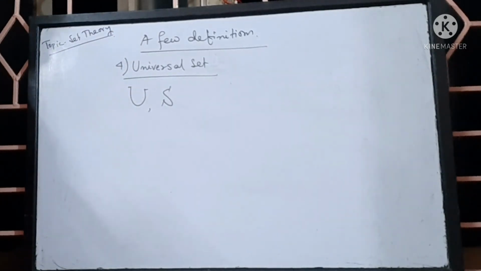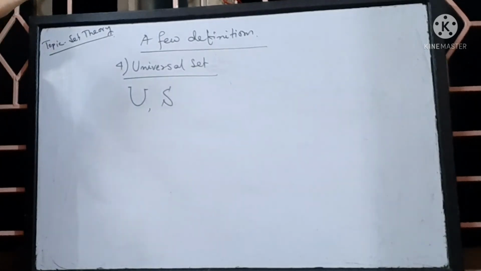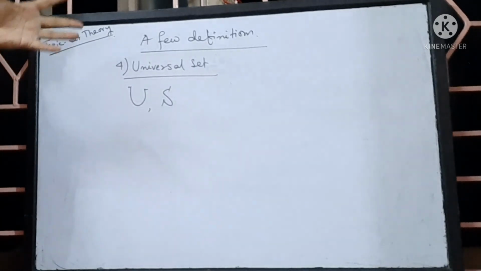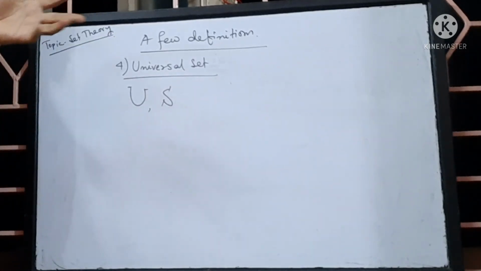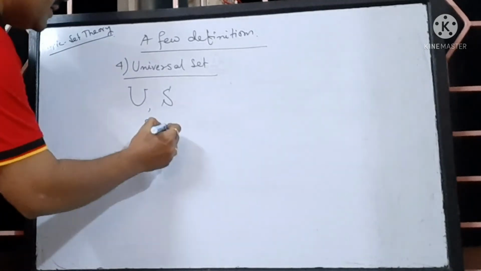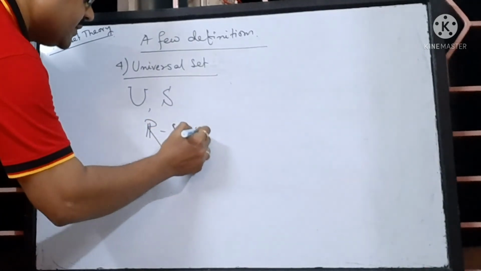If you want a specific example, let us consider the real number system, in which there are integers, rational numbers, negative integers, irrational numbers, and whole numbers. All these real numbers are put in a group, the set of real numbers, the capital R.